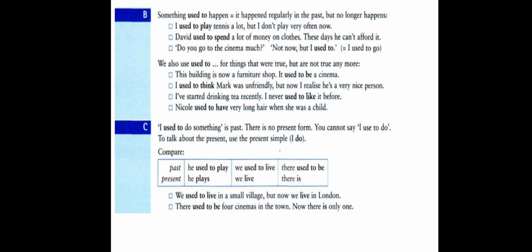So we say there used to be 4 cinemas in the town. That is a past situation. For a present situation, now there is only one. Here we use present simple is. So the opposite of used to plus the base form, a past habit or a past situation, is a present situation, a verb in the present simple, like the verb live and like the verb is in the 2 examples.